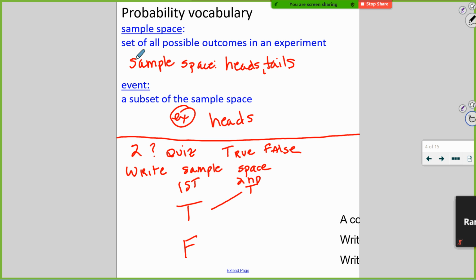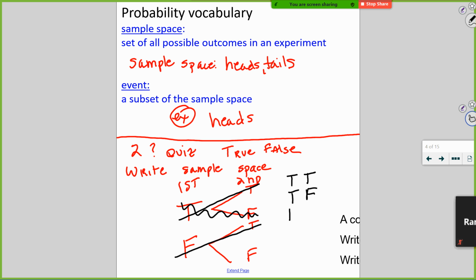The second question could also be a true or a false. I'm going to follow the tree. One piece of the sample space could be a true and then a true. A second piece could be a true and a false. The third piece would be a false and a true. The last piece would be a false and a false.